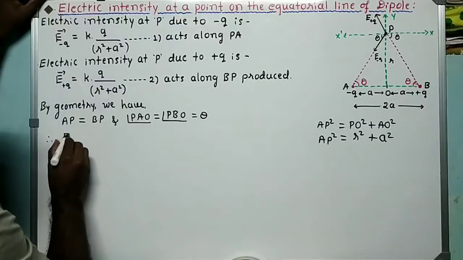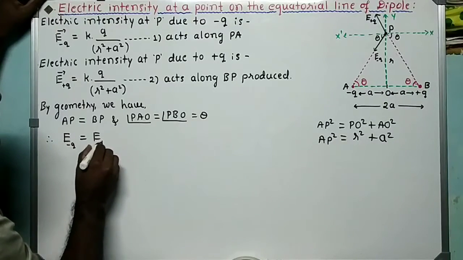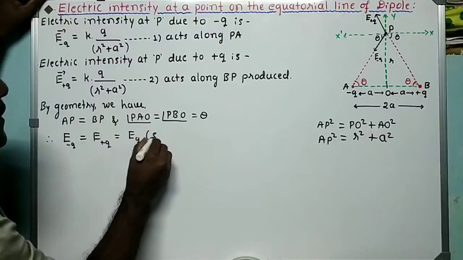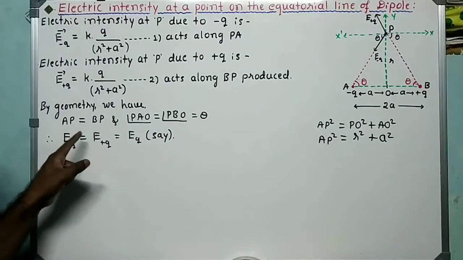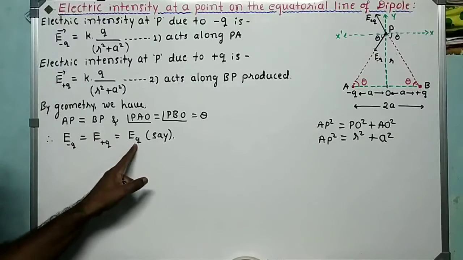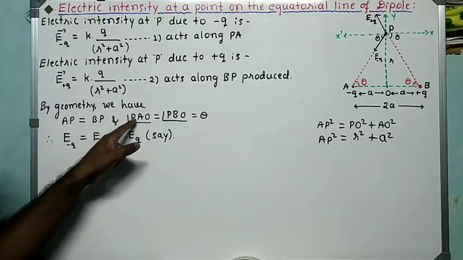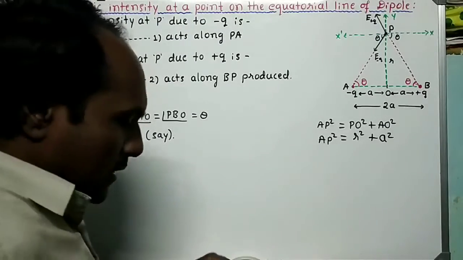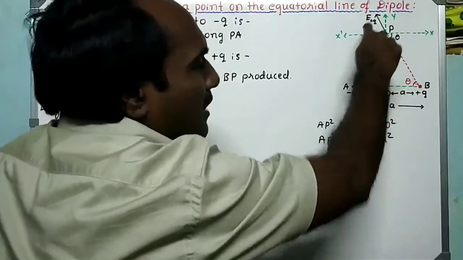Therefore E minus Q is equal to E plus Q, say EQ. Here E minus Q and E plus Q are both equal in magnitude, say EQ. Why equal? Because AP is equal to BP and PAO is equal to PBO, that is theta. That's why they are equal in magnitude.